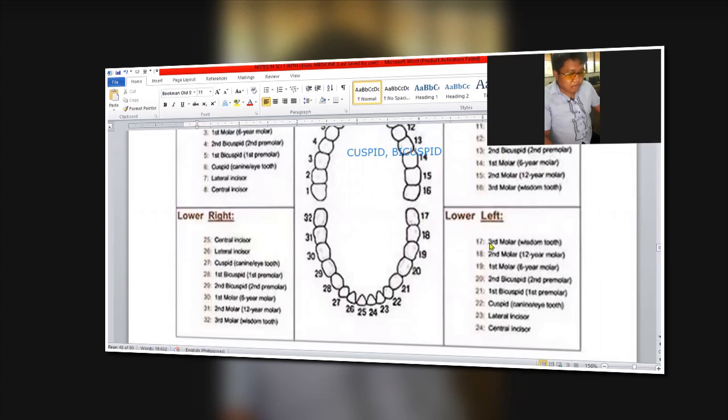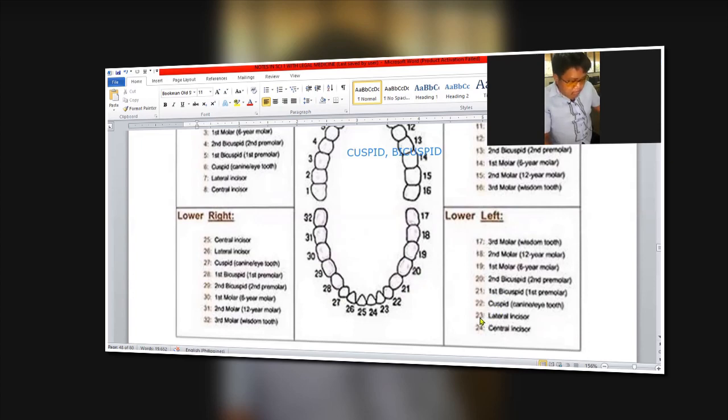Lower left, third molar. 18, second molar. 19, lower left, first molar.